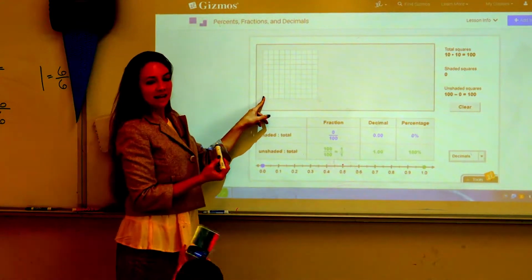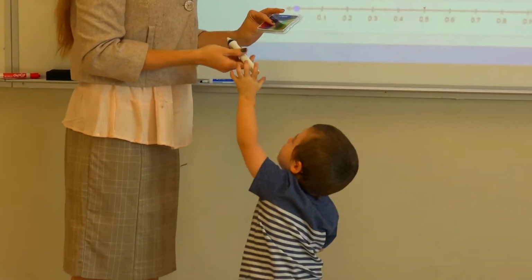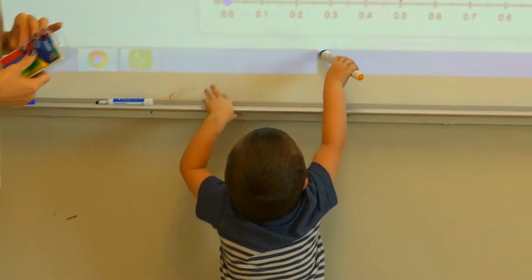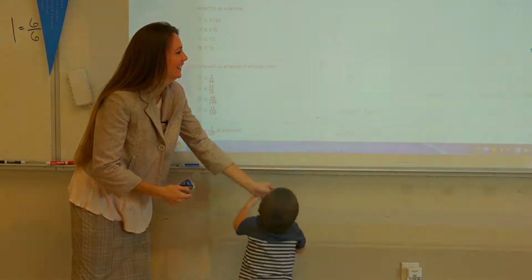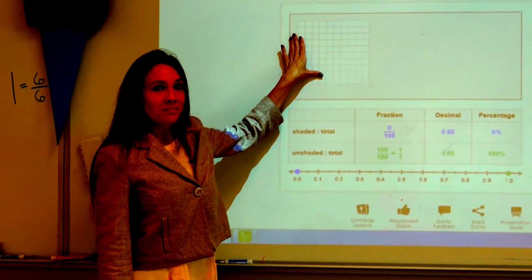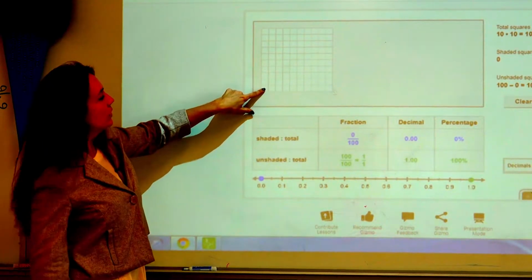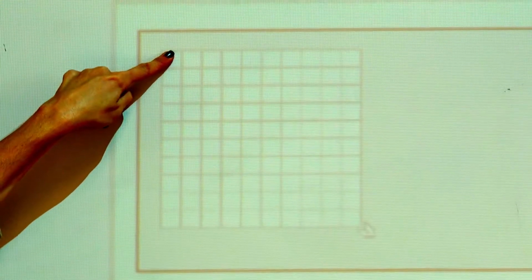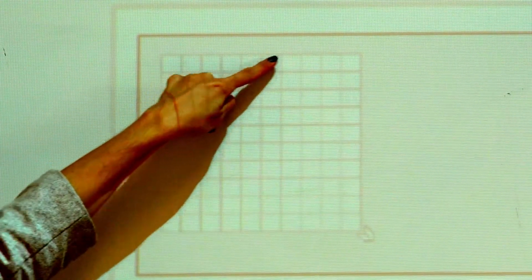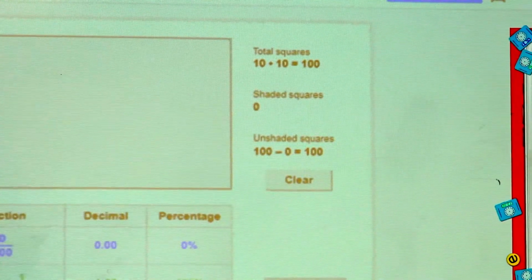So earlier we had, thank you. Here's a grid. It's a 10 by 10. We have 1, 2, 3, 4, 5, 6, 7, 8, 9, 10 by 10. 10 by 10, 100 squares.